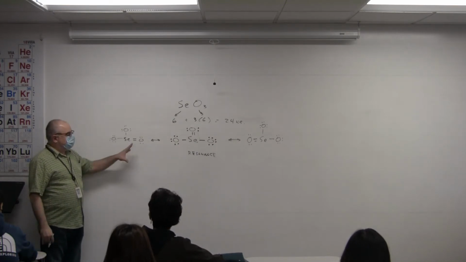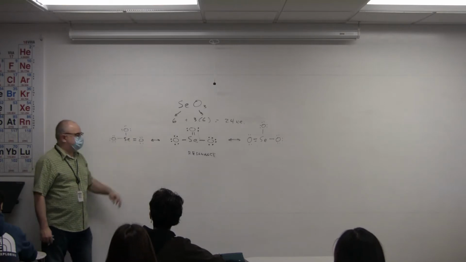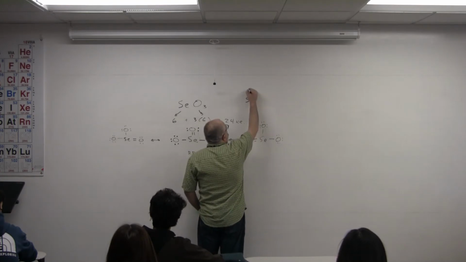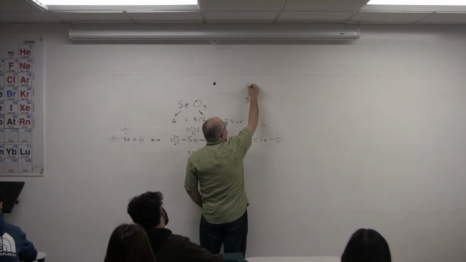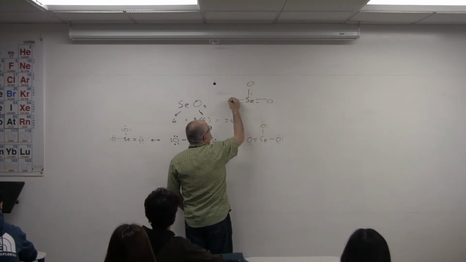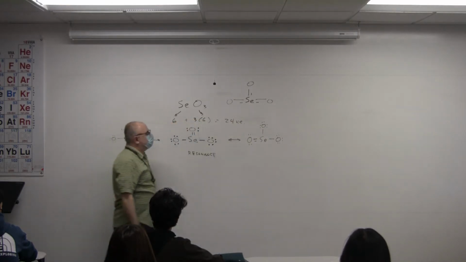If I wanted to explain what this little group of pictures is really saying, it's saying that I have a selenium atom that has, and this is going to look stupid, but I'm going to do it anyway, about 1 1/3 bonds on each side. I know that looks dumb. Deal with it.